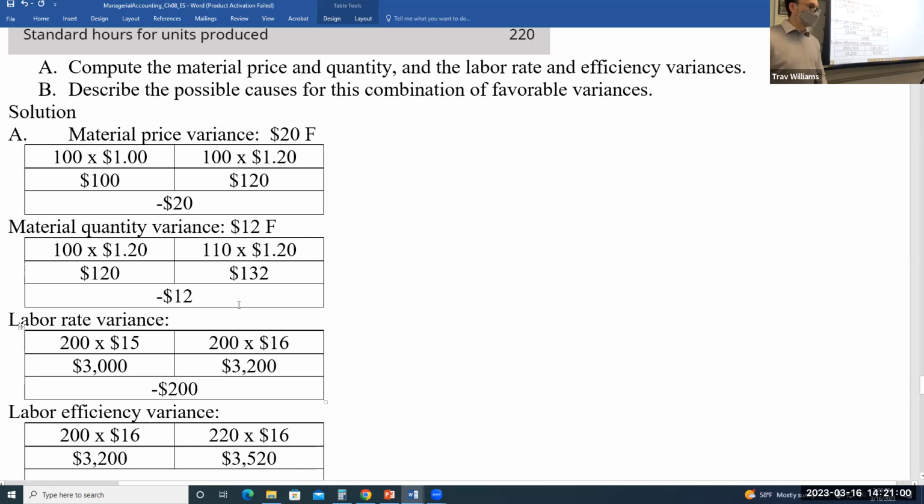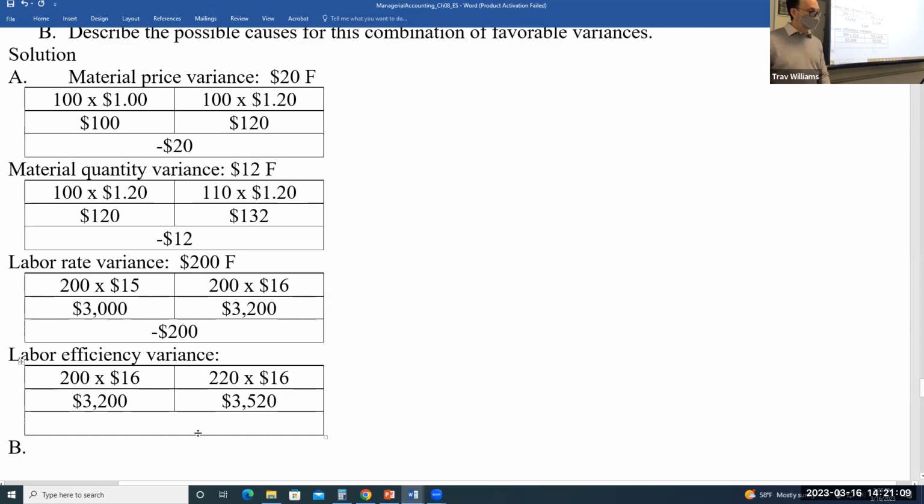So we end up with the labor rate variance of $200 favorable and an efficiency variance of $320 favorable. Okay. So that's part A for this exercise. Any questions?